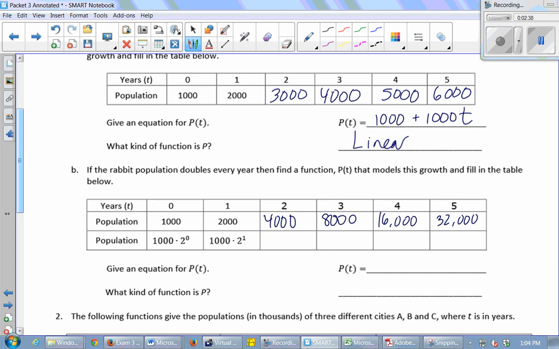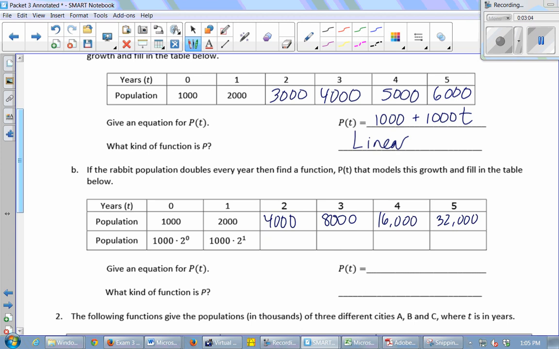All right, so then I'm just going to do something a little bit fancy. I'm going to rewrite each of my population sizes using a times 2 to the something. So 1,000 you could rewrite as 1,000 times 2 to the 0, because anything to the 0 is just 1. 1,000 times 1 is 1,000. 2,000 I could rewrite as 1,000 times 2 to the first, because that would be 1,000 times 2, which is 2,000.